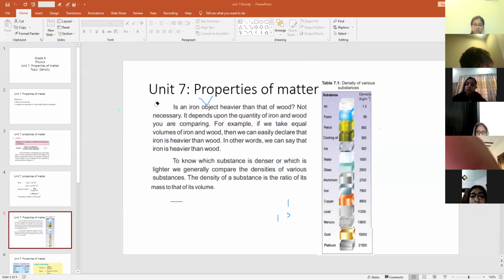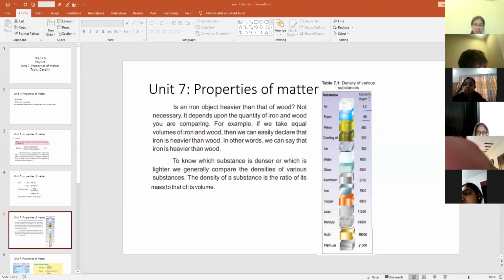First of all, air has a density of about 1.3 kg per meter cube. The foam that we use while using the soap has a density of about 89 kg per meter cube, which means the density of the foam is more as compared to the air.